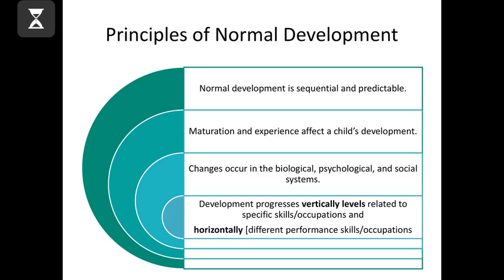So, development is different, it varies between all kids, but the bottom line is the sequence remains the same. One disclaimer, and this can be confusing, but we're just going to go with the general principle that normal development is sequential and predictable. In the theory of motor learning, they have discovered that from the motor learning perspective, development does not always follow the predicted sequence.